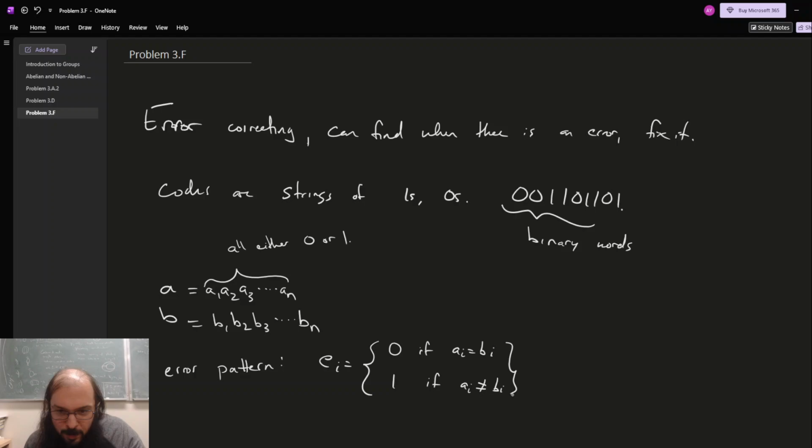The way that you think about this is like checking. 0 means no error, they're the same. 1 means there's an error, they're different. So given two strings, A and B, we can check slot by slot, entry by entry, are they the same or are they different? And in this way, we can come up with an error pattern.